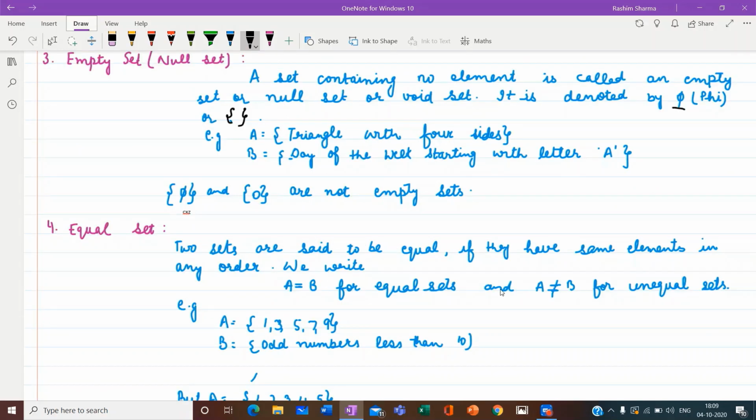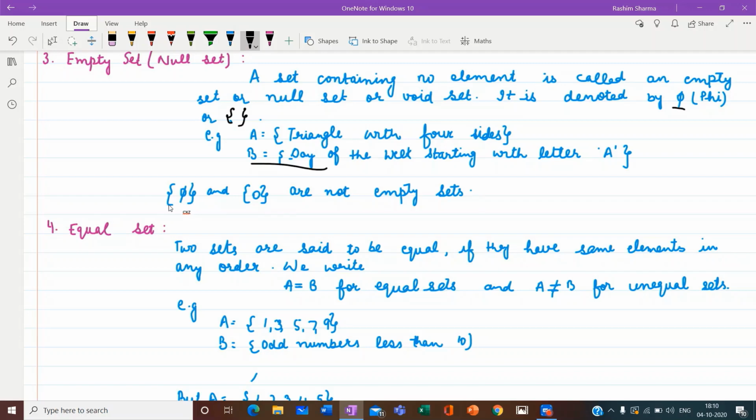Let us take examples of empty set. Set A is triangles with 4 sides. We know there is no such triangle with 4 sides, so this is an empty set. Another example: set B, days of the week starting with letter A. We know we do not have any day starting with letter A, so this is also an empty set. Now if we write phi, the sign of the empty set, in curly brackets, it will not be an empty set.